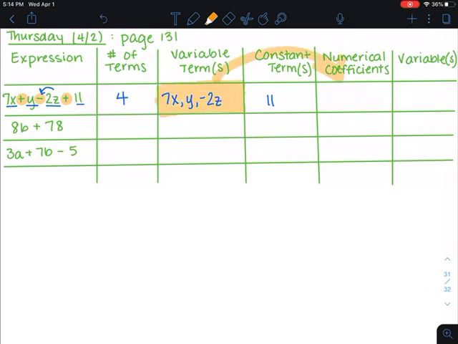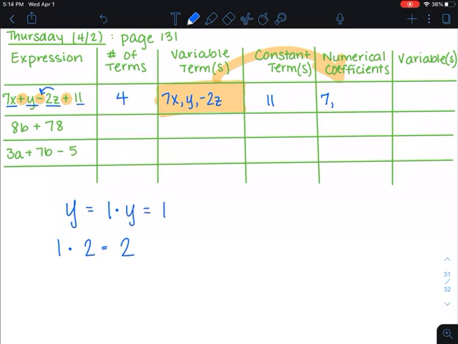Now, based off of this section of your chart, you will use that to complete the numerical coefficients. The numerical coefficient is the number before the letter. So for this term, 7x, the number before the x is a 7. In this part here, I have y. If I did 1 times 2, I get 2.